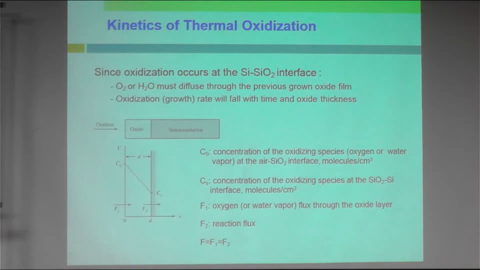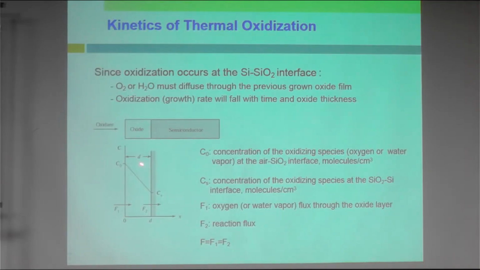So in the process of thermal oxidation, since oxidation occurs at the silicon and silicon dioxide interface, the O2 or H2O vapor basically must diffuse through the previously grown oxide film. So you have the film, and you have the semiconductor material, the silicon.